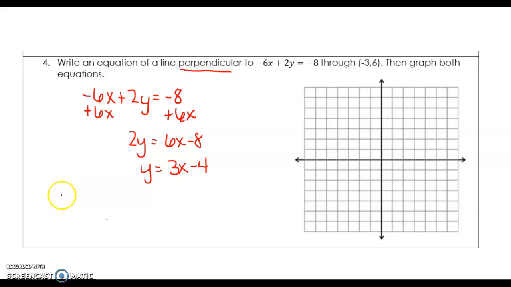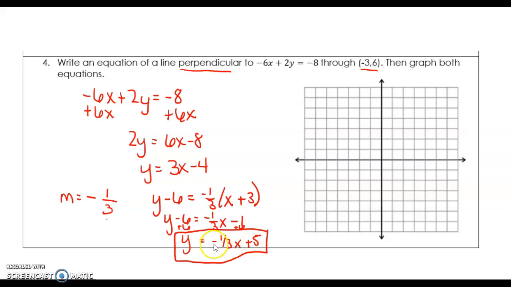So my new slope is now going to be negative 1 over 3. And I'm going to use this point to find my new equation. Plus 3. And then I'm going to distribute the slope through and add 6 to both sides. And when I do that, I get y equals negative 1/3 x plus 5.